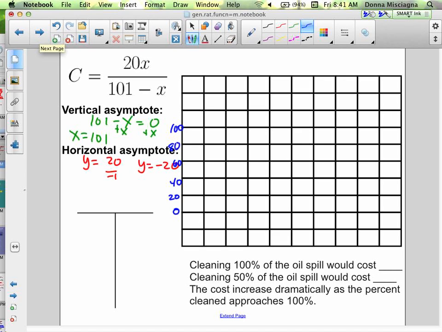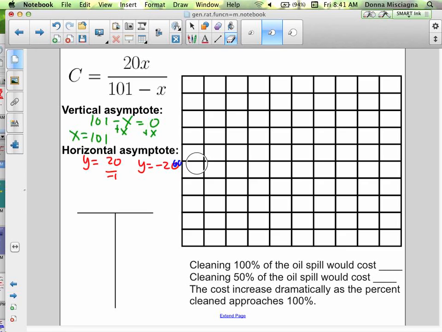All right, so except, oh, I have one problem. Anyone see the one problem? What's our independent variable? What depends on the other? The cost is the dependent variable, right? So cost belongs on the vertical axis.